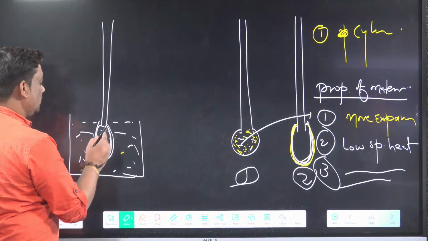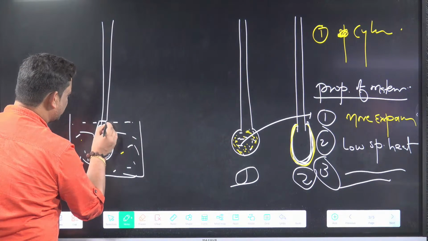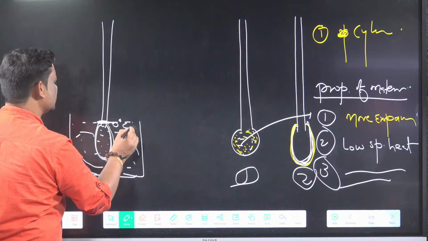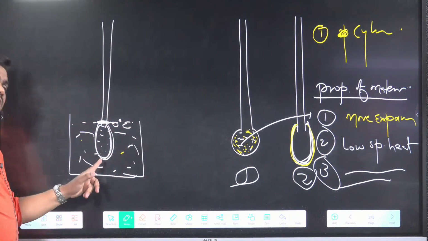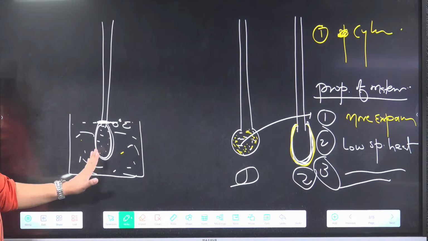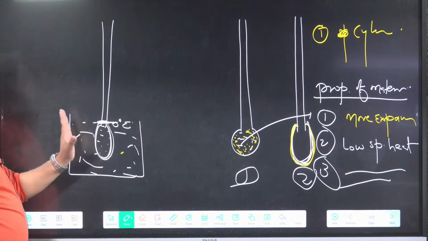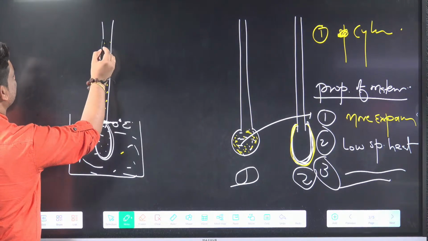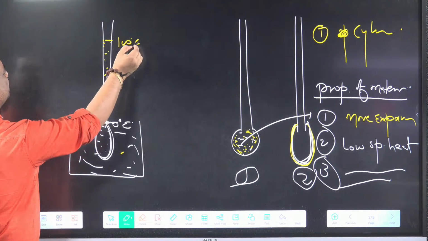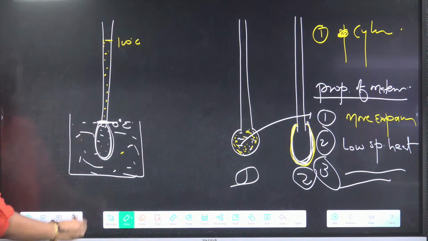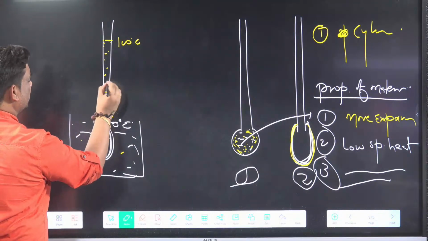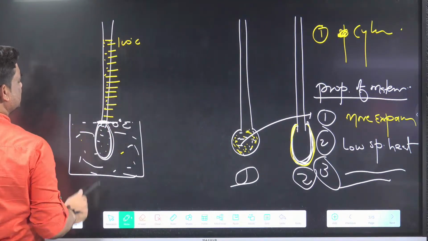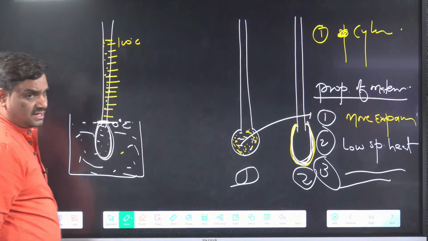Suppose mercury is up to this point, so here you will write 0 degree Celsius. Then you keep the same thermometer at 100 degrees Celsius, boiling water, and mercury will expand and come up to this point. Here we'll write 100 degrees Celsius, and then you divide this into 100 equal parts, where each part indicates 1 degree Celsius.